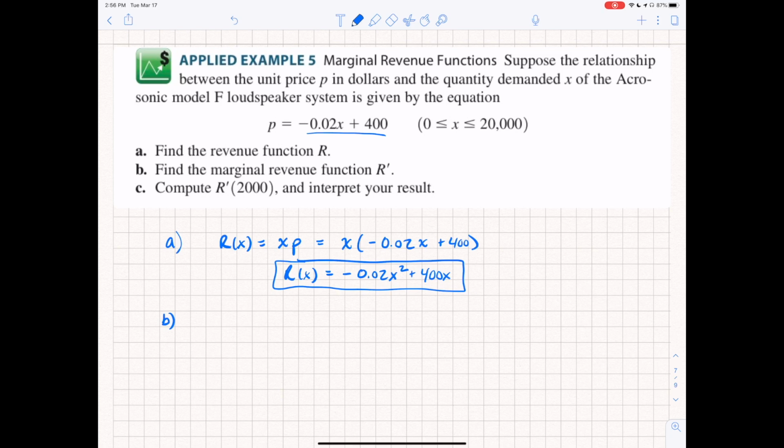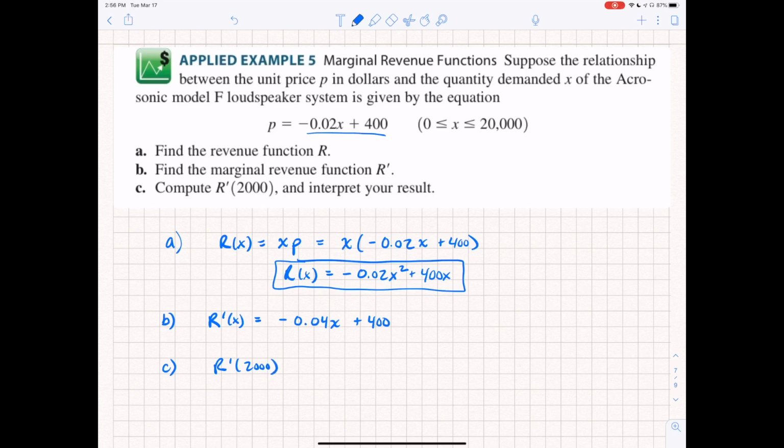B, find the marginal revenue function R prime. So this means I need to go through and differentiate my revenue function. I'm going to apply the power rule, so this will be negative 0.04X plus 400, and that's it. Pretty straightforward. For C, it says to compute R prime of 2000.